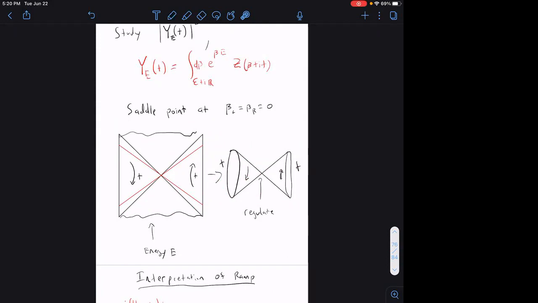I don't have time to go into much detail, but here's a quick way to say it: as we're going inwards, this is decreasing R. And what we want to think about is metrics that are related to this just by a change of coordinates, where we take R to be complex as we go near R equals 0. And if we complexify R, we get a metric which is not Lorentzian.